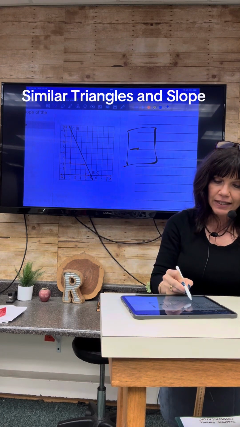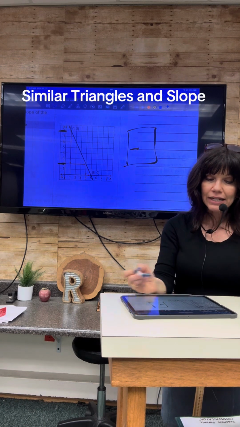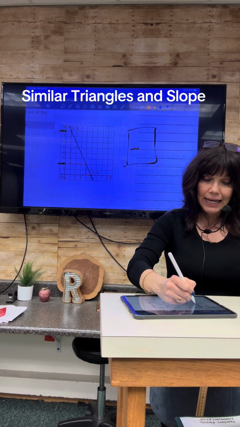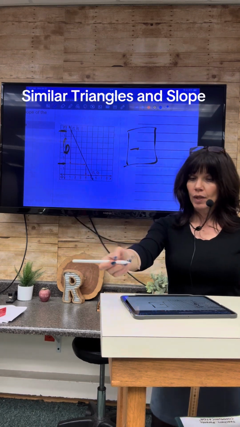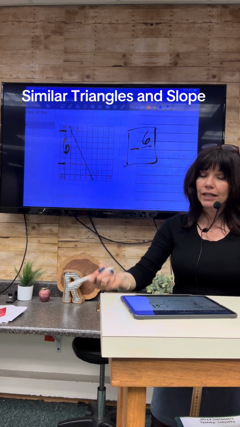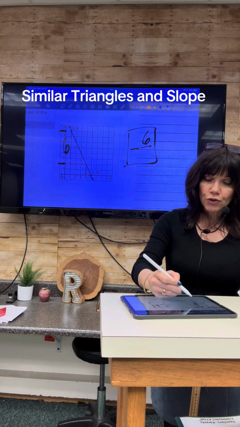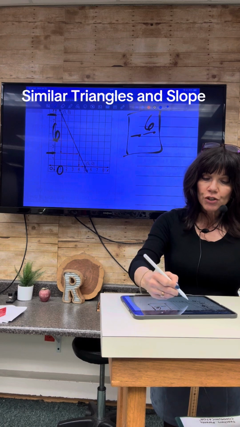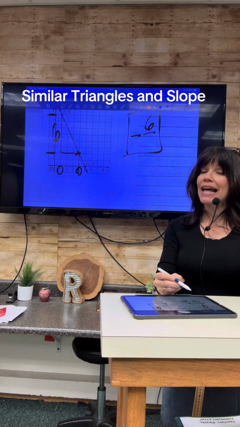So how far is it from 2 up to 8? How far is that, class? 6. Where do I place the 6? In the numerator or denominator? Numerator. In the numerator. Place a 6 in your numerator now, please. Then count your run. It goes from 1 to what? 4.